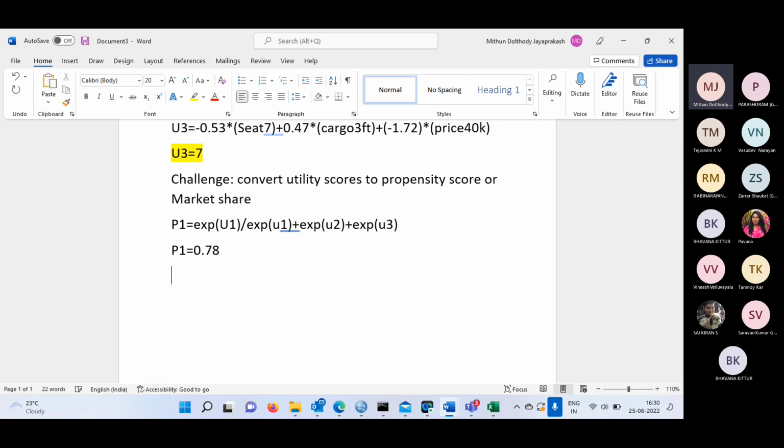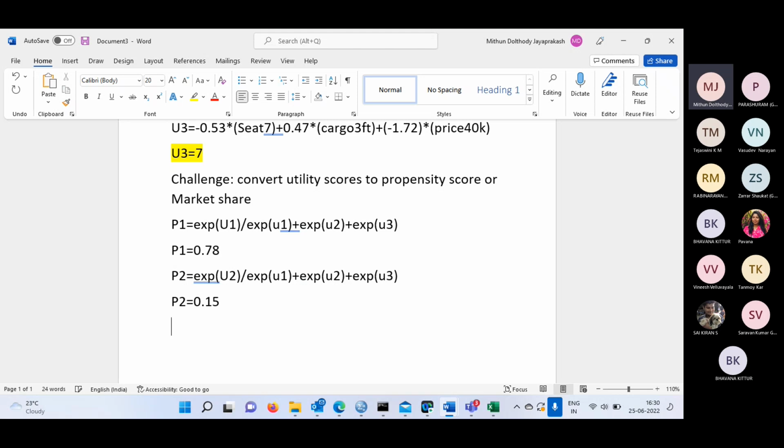Now, just as you computed the propensity score for the first set of attributes, you can move on to P2. Just in the numerator, you have to change from utility of 1 to utility of 2. The denominator will be as it is. When you do the mathematics behind this, you can get the value to be around 0.15.